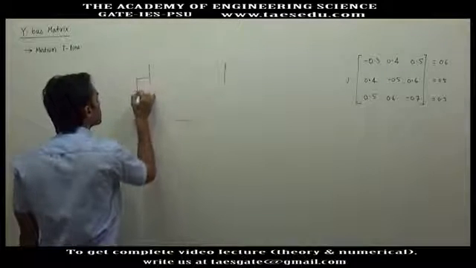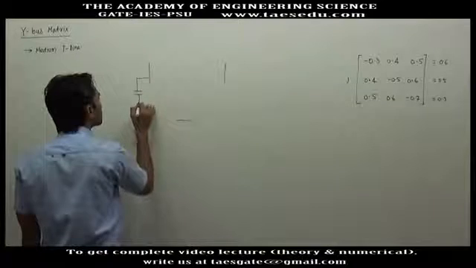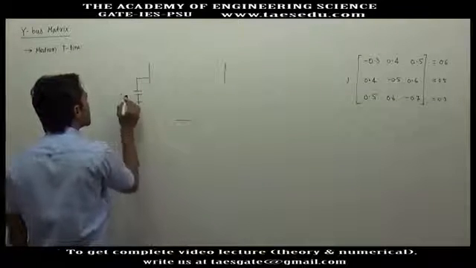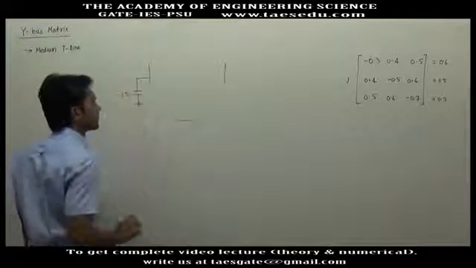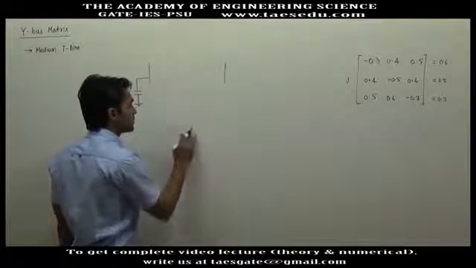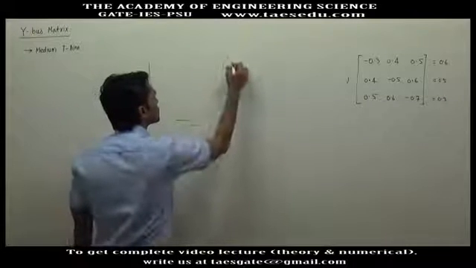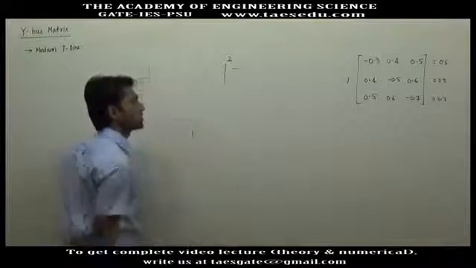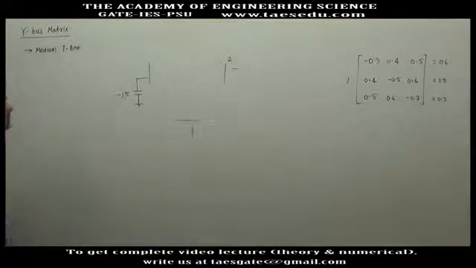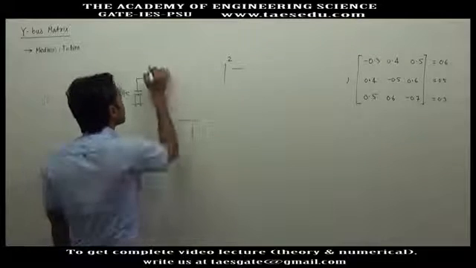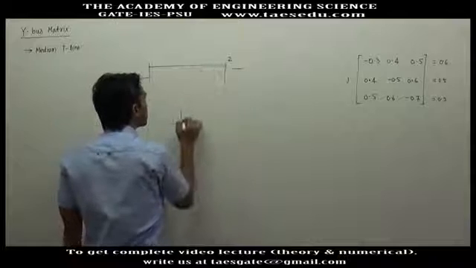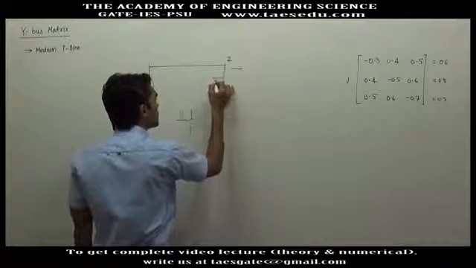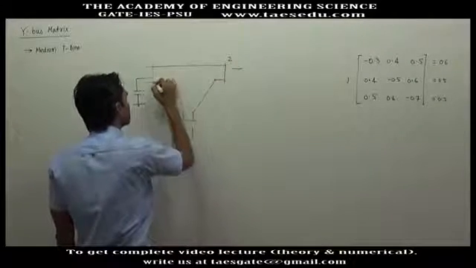Bus 1 has a shunt element which has a reactance, given as -j5, and bus 2 has no shunt element, bus 3 has no shunt element. And now you are required to find the series and shunt parameters of the lines.